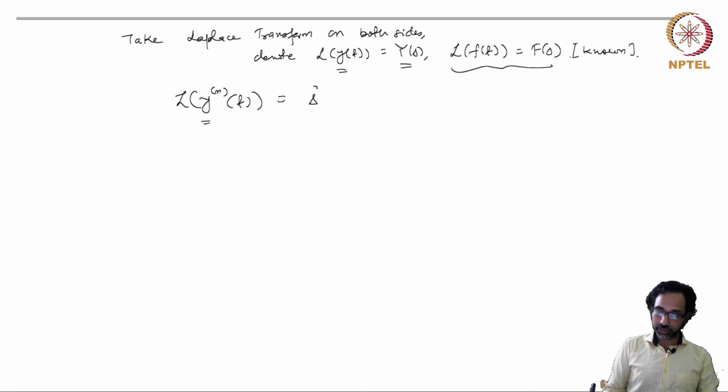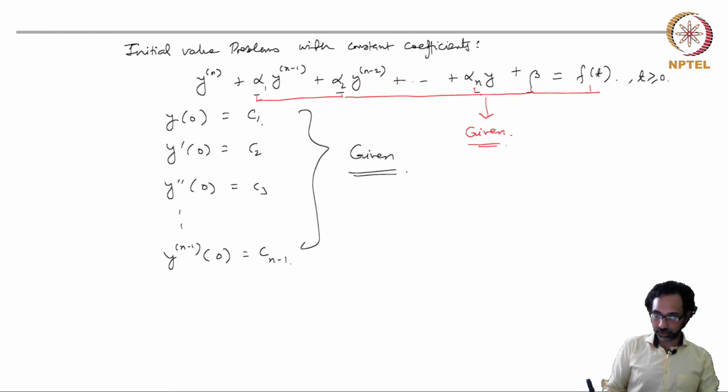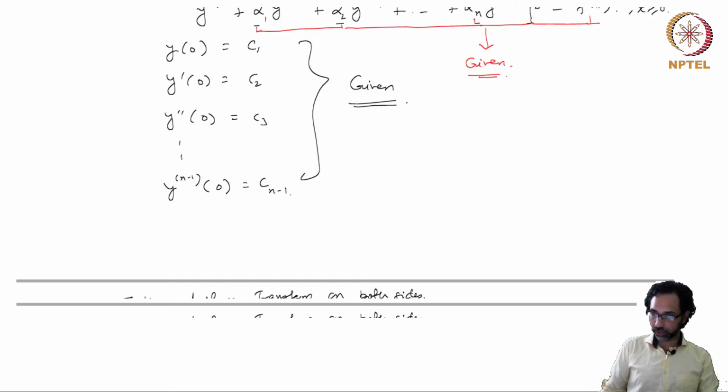So you will get s^n Y(s) minus s^(n-1) y(0) minus s^(n-2) y'(0), and so on, and in the end you will have the (n-1)th derivative of y at 0. So these values are all given. Recall that these values have been given as c1, c2, c3, c(n-1).